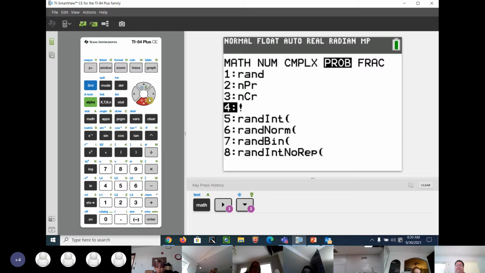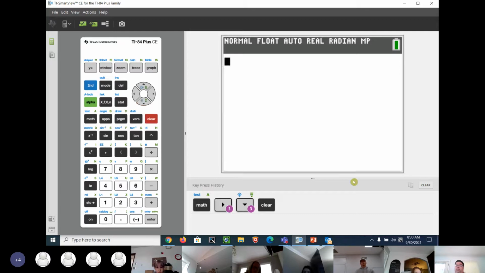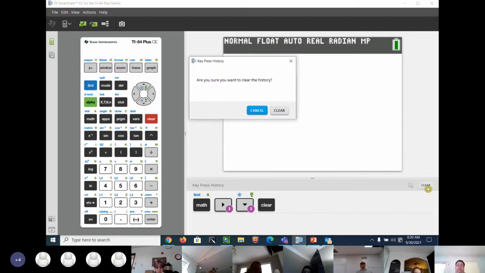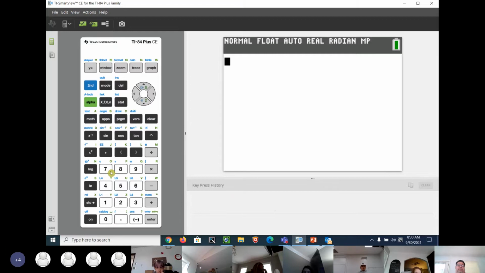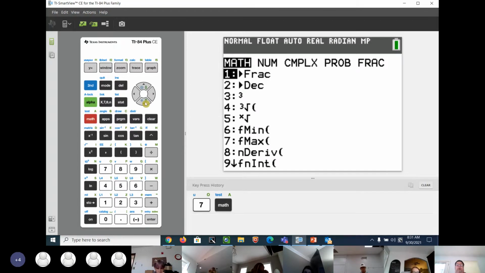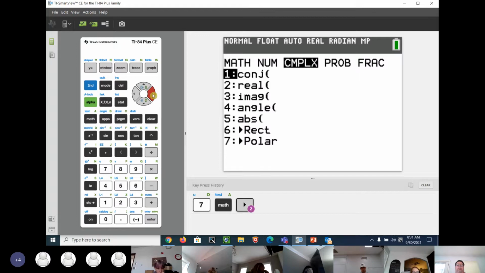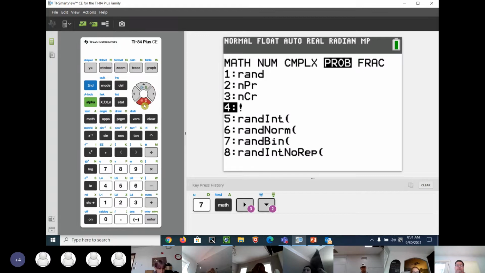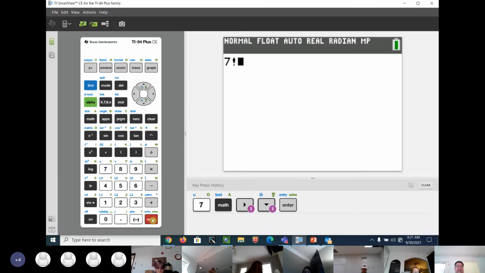So I'm going to do 7 factorial. Clear, clear, type in a 7, go to math, go to probability, and go down to factorial. Now, of course, you can hit 4 if you want to, and enter. And 7 factorial is 5040.